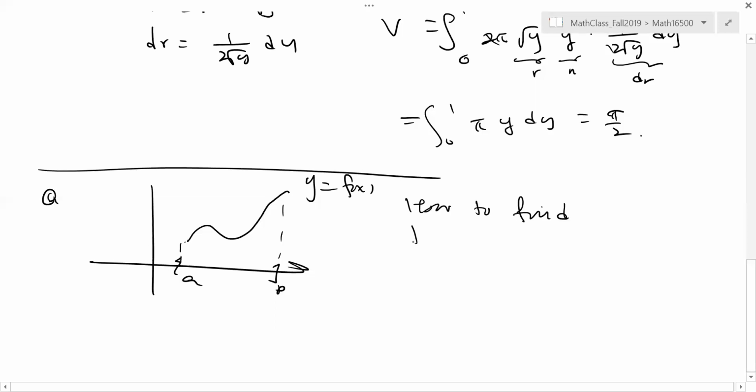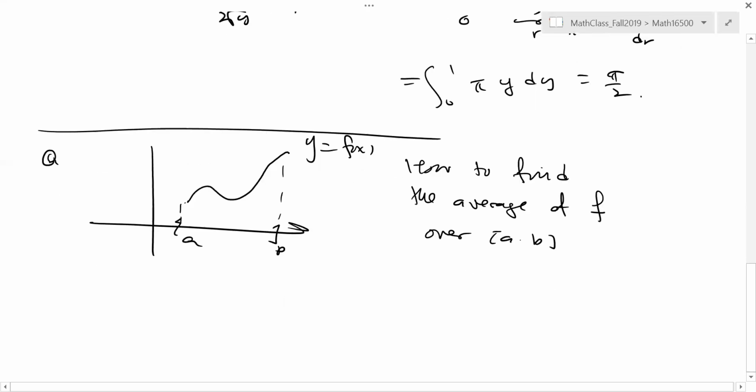How do we find the average of this function over the interval? The idea is to divide the interval into many subintervals, and we assume that each delta xi is very small.